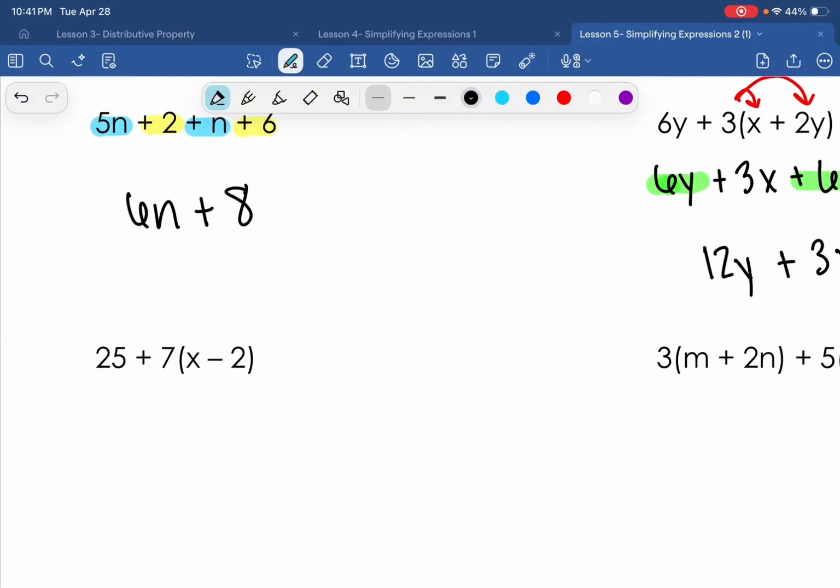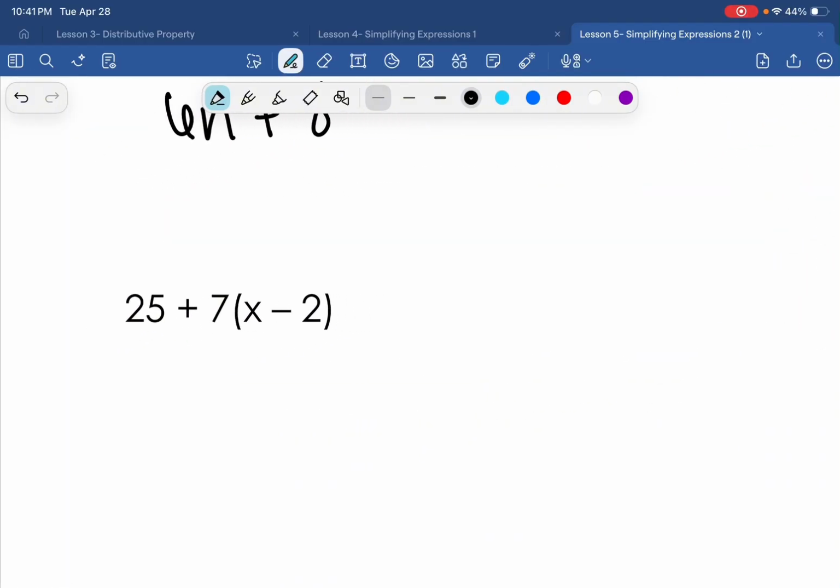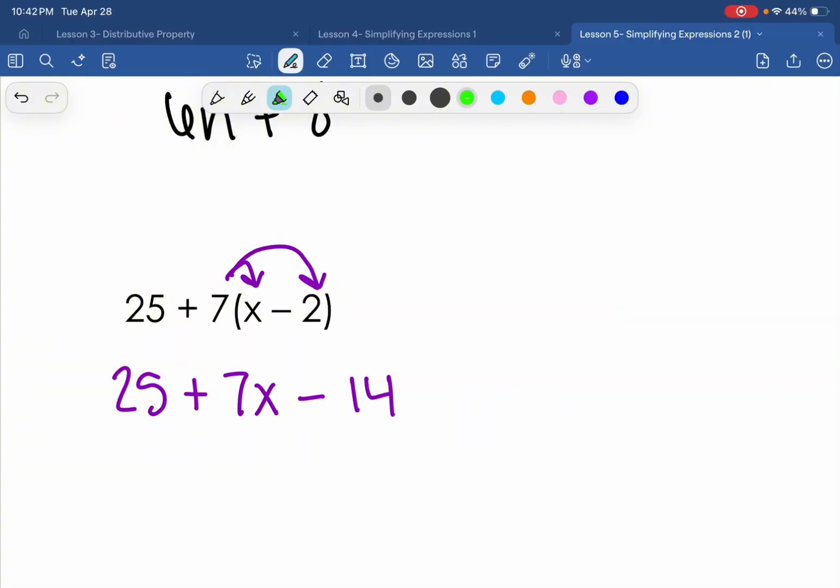All right. You should have distributed 7 to all terms inside the parentheses. So I now have 25 plus 7x. And remember, the operation sign in the parentheses stays the same. So minus 14. I combine things that are similar, which is 25 minus 14.